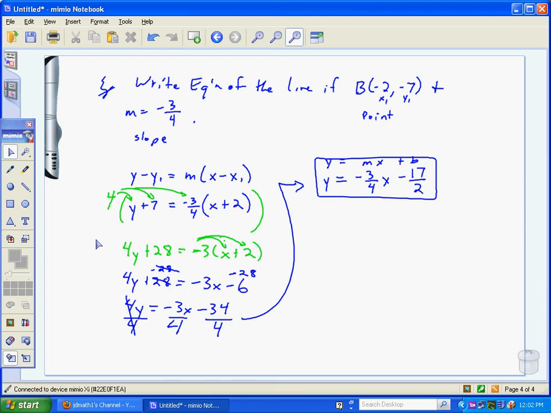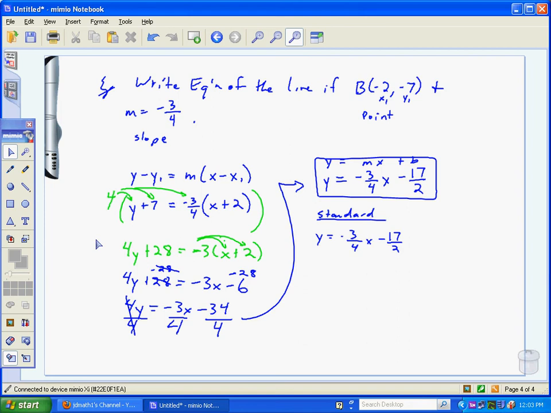Well, here we go again. How do I get it in standard form now? Well, we start with the slope-intercept form, -17/2. And in actual fact, we could actually go back to the start and do it a lot easier, but we won't.